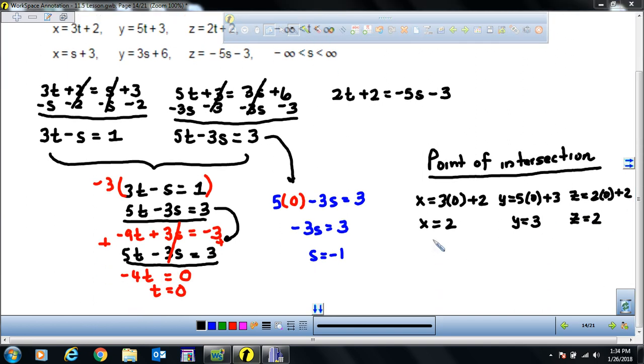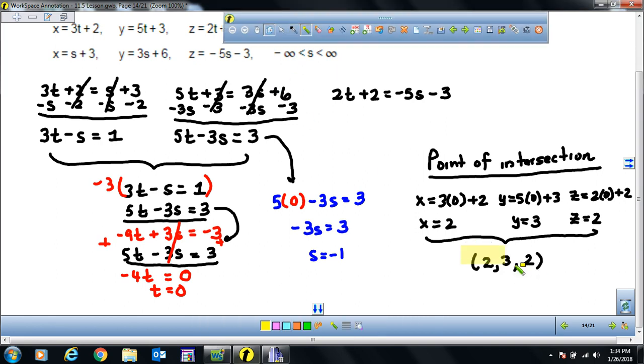So that gives us the point of intersection of the two parametric equations of the two lines, which is (2, 3, 2). This is the first thing that we needed to find on this problem, the point of intersection of the two lines.